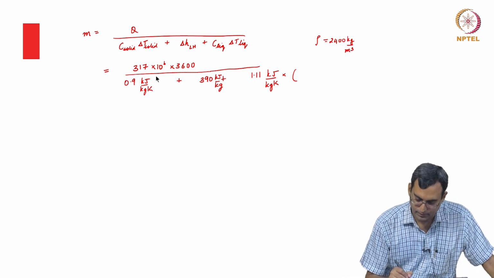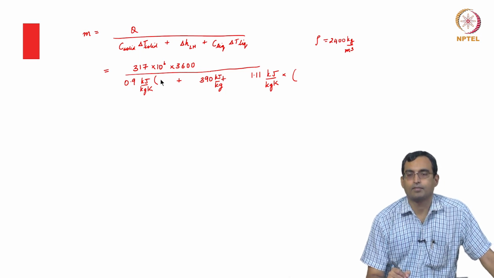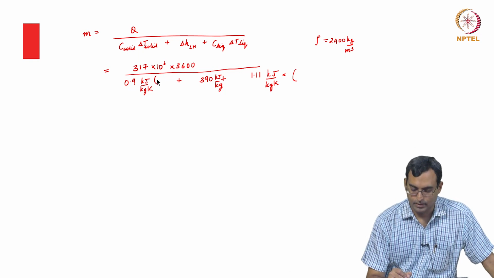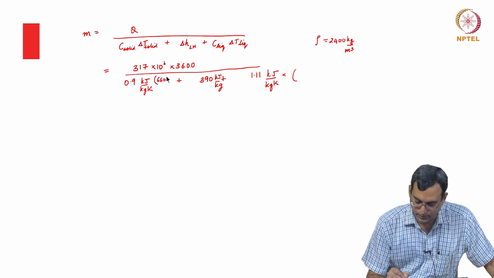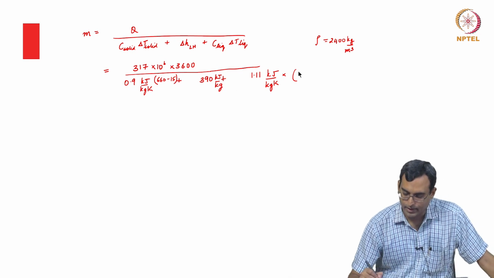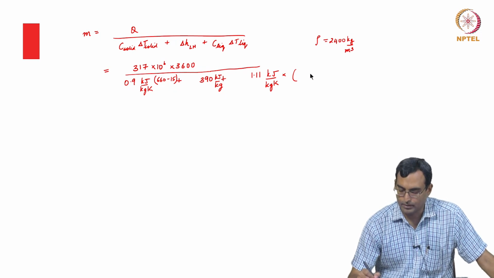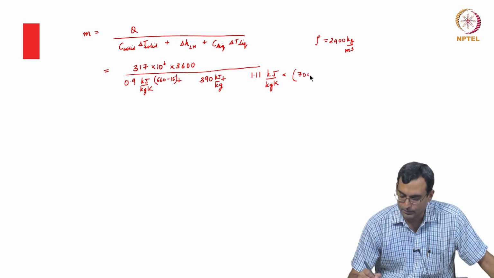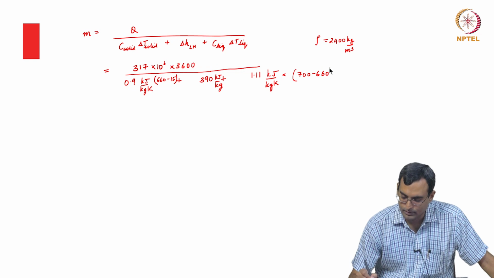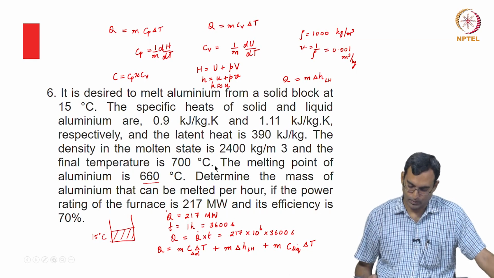What I have is that the temperature change here in the solid state goes from 15 degrees, which was the initial temperature, to the melting point, which is 660. Then I have latent heat, and finally it goes from the melting point temperature, which is 660, to a temperature of 700 degrees centigrade. This is what it goes.